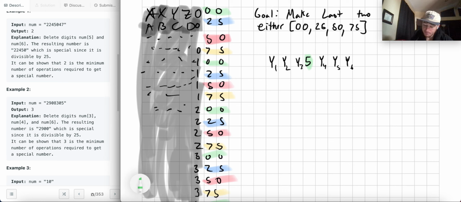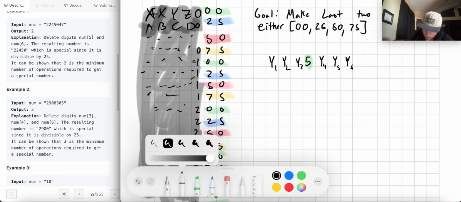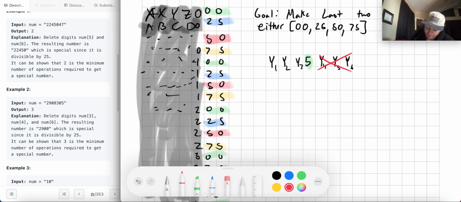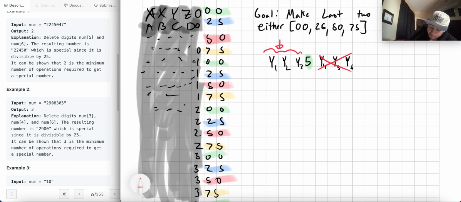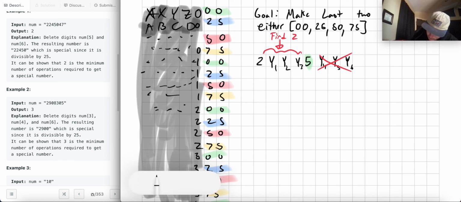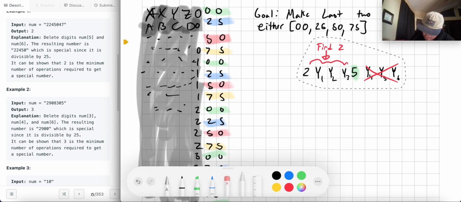So in order to make this work, I'm going to have to delete all of these, and I'm going to have to find the 2 that's in here. For example, if we had it like this, let's say I knew that there was a 2 right here. Let's move this over. Getting complicated around here.